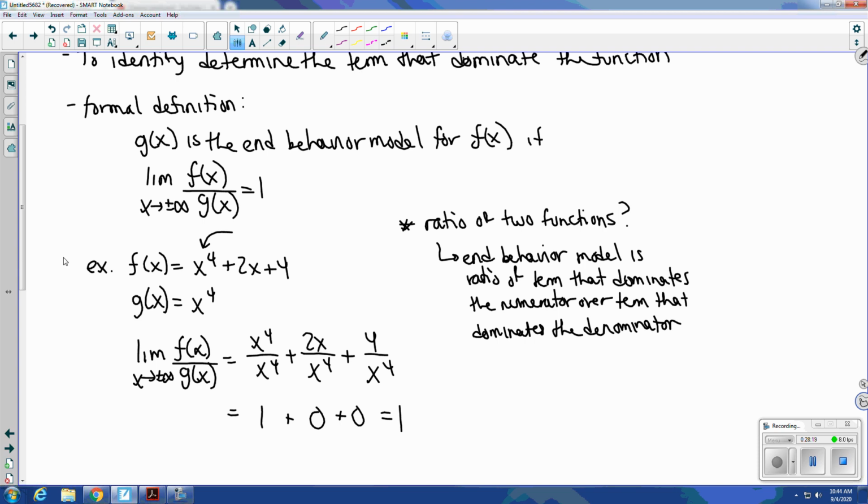And I think that's really the thing you should take away. If you have to find an end behavior model and you have a ratio, just identify the term that dominates the numerator and divide it by the term that dominates the denominator, and that will reveal the end behavior, because all we're concerned with is what's happening as x goes to plus or minus infinity to reveal end behavior. So what goes on in the middle doesn't really mean anything to us for this type of problem.